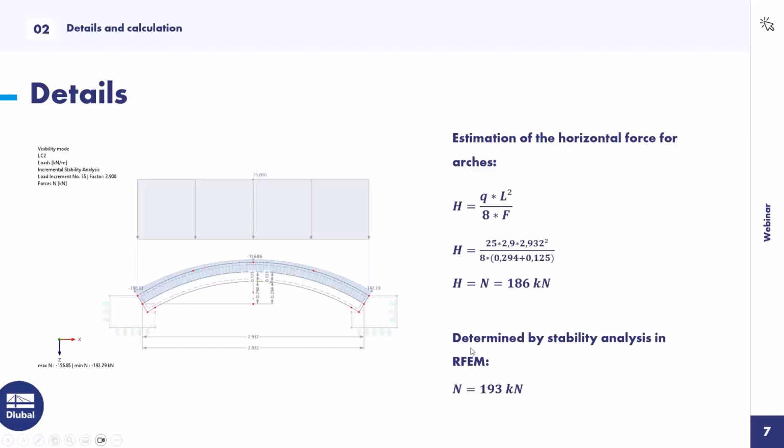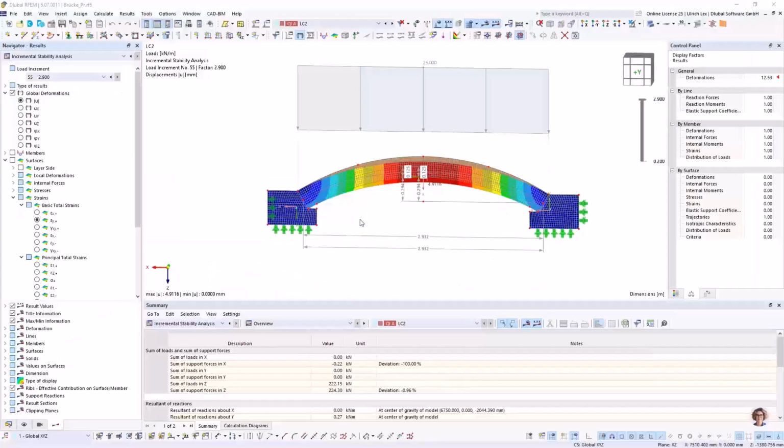In my case, I get by the stability analysis about 193 kilonewtons. That shows that the analytical solution is nearly the same as the computer calculation in RFEM. So I think it's a very good result in both ways.